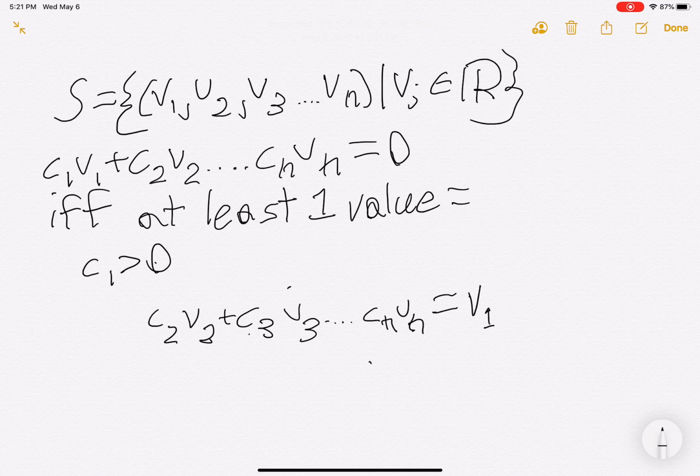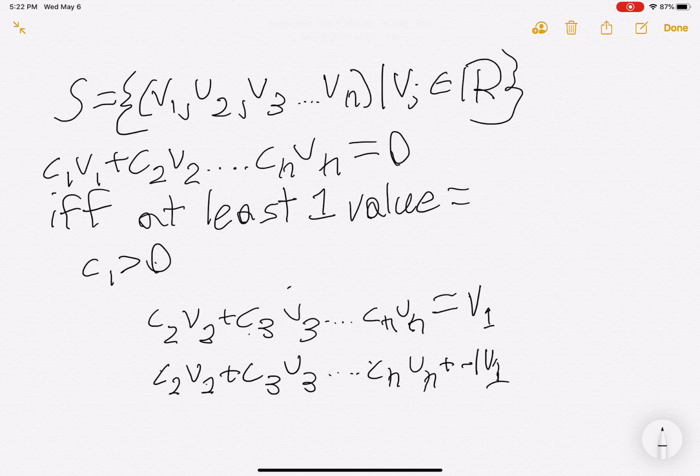So we can write c2 v2 plus c3 v3 down to cn vn plus -1 times v1, right?